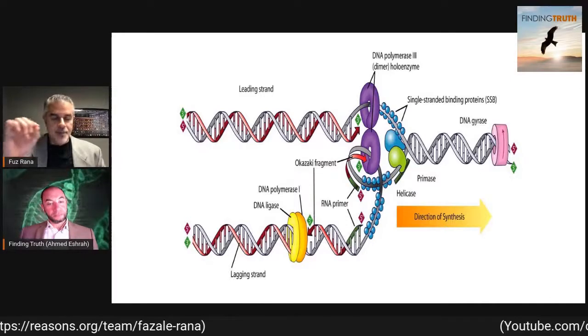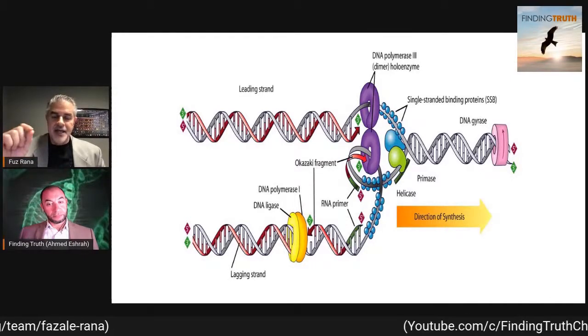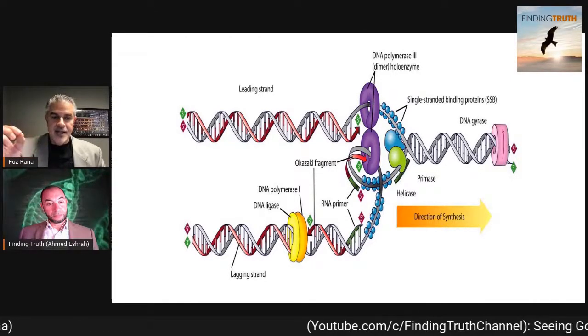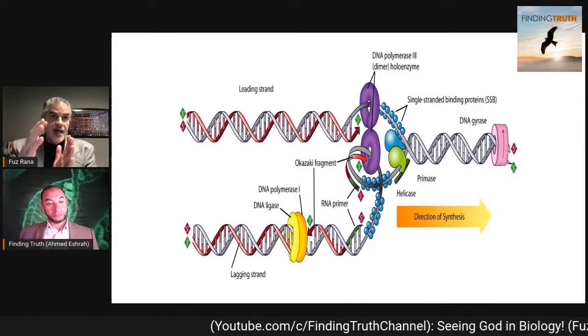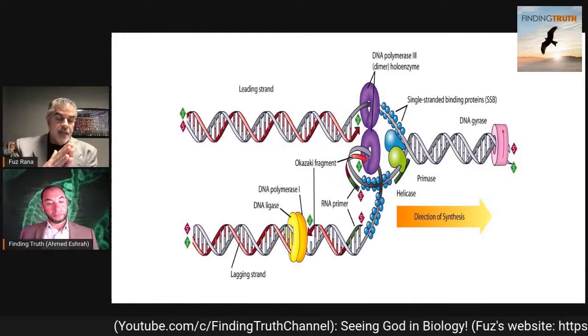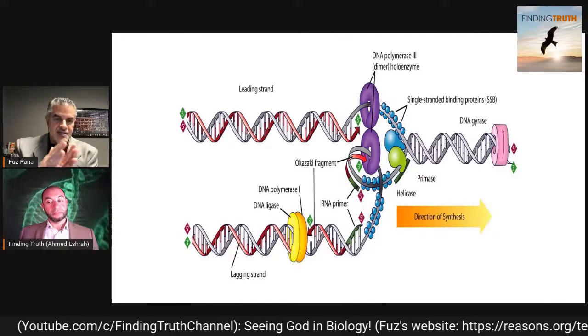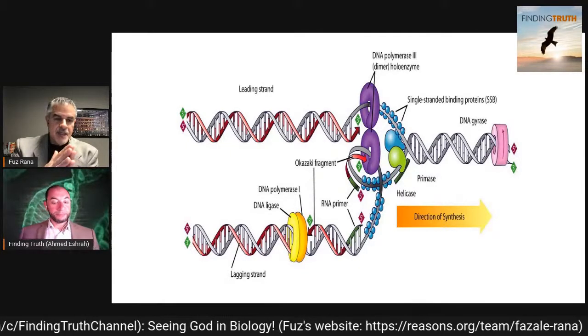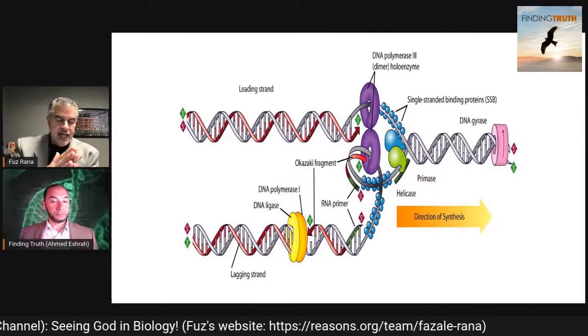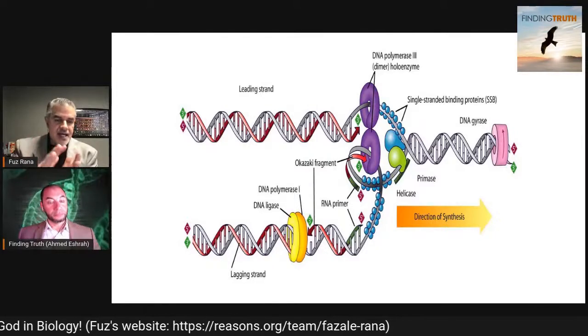Once that primer is laid down and it reaches about 10 RNA nucleotides in length, that RNA will base pair with the DNA, so it forms a hybrid duplex, an RNA-DNA hybrid.